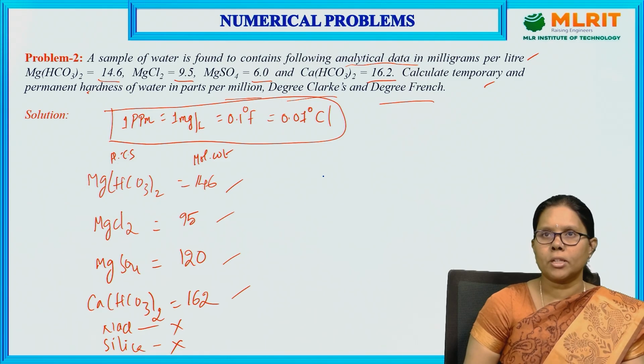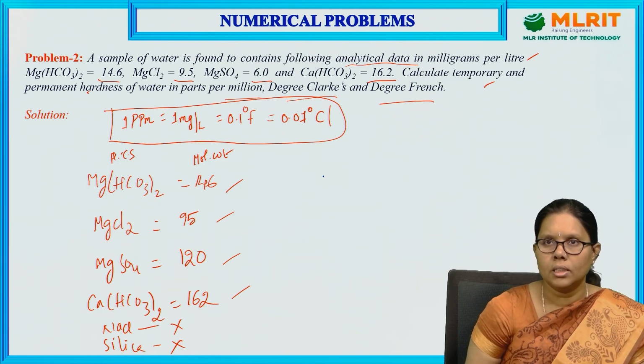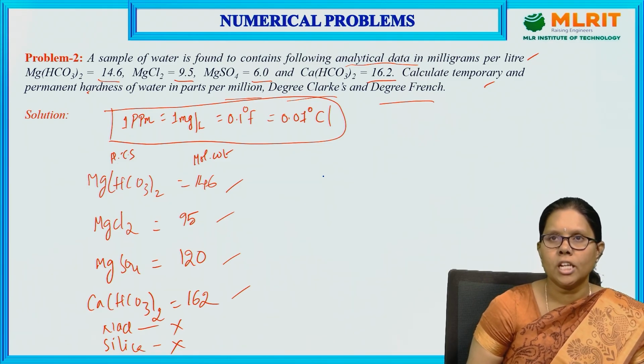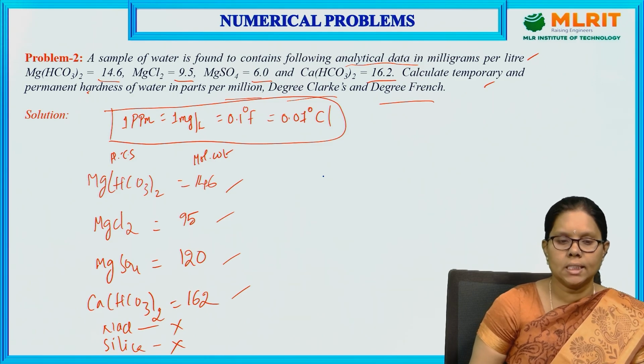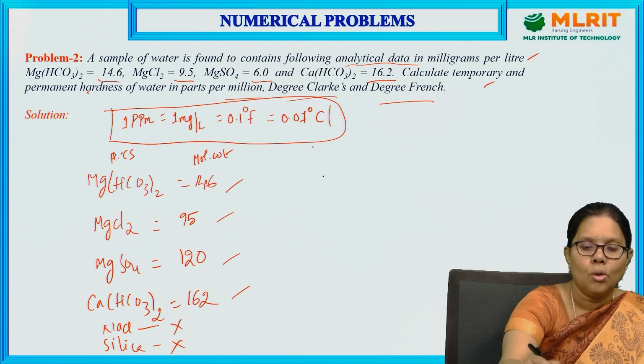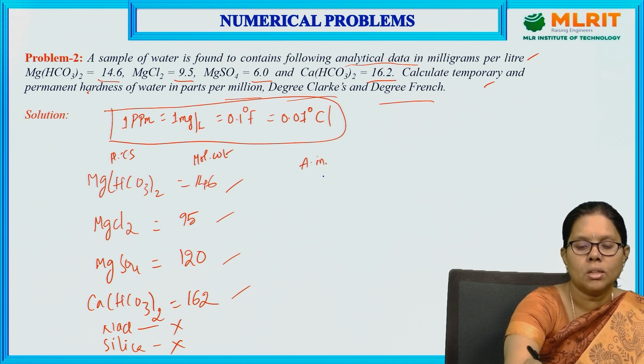So we have come across that we have to convert every salt in terms of CaCO3 equivalent. Every salt we have to convert in terms of CaCO3 equivalent. So amount in terms of CaCO3 equivalent, we know that formula.